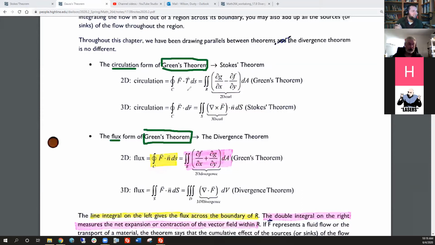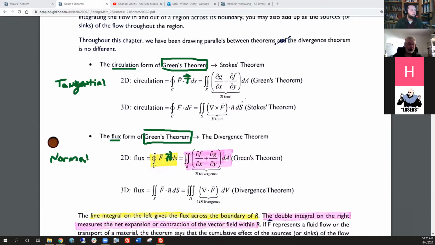So in the circulation form, we're looking at the tangential component. This is the tangential part of the field, and you can see it showing up here in that T. And in the flux form, you're looking at the normal component of the field, and you see it showing up in this N right here.